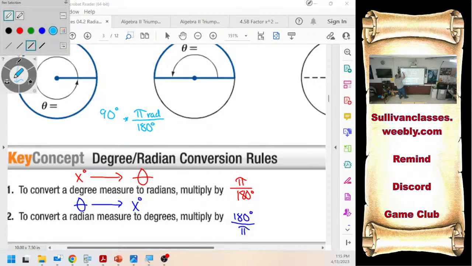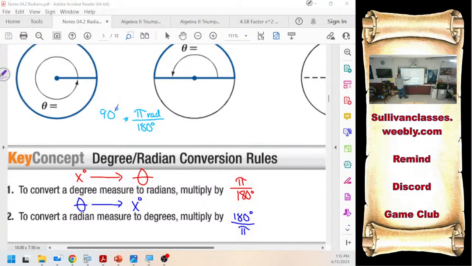Just like you're back in physical science, don't the degrees cancel out? You can cross out your units the same way that you can cross out factors. 90 is 1, 180 is 2, becomes pi over 2 radians. It's just I'm not going to write the radian part. Okay?